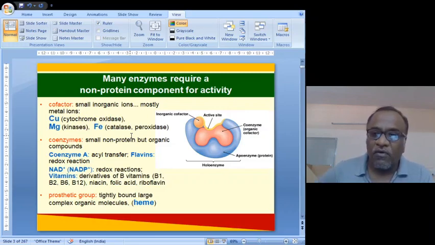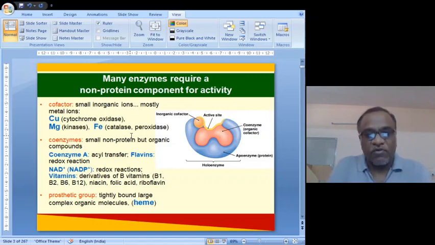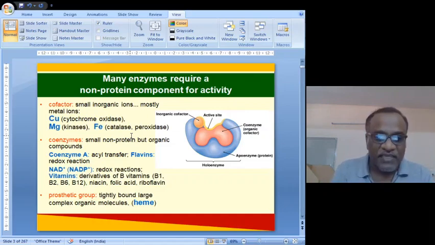They are small non-protein but organic compounds, such as coenzyme A, vitamin B1, B2, B6, B12. So the difference between a coenzyme and a cofactor is that cofactors are inorganic ions, and coenzymes are organic compounds. Then we have the prosthetic group. They are tightly bound large complex organic molecules such as heme.